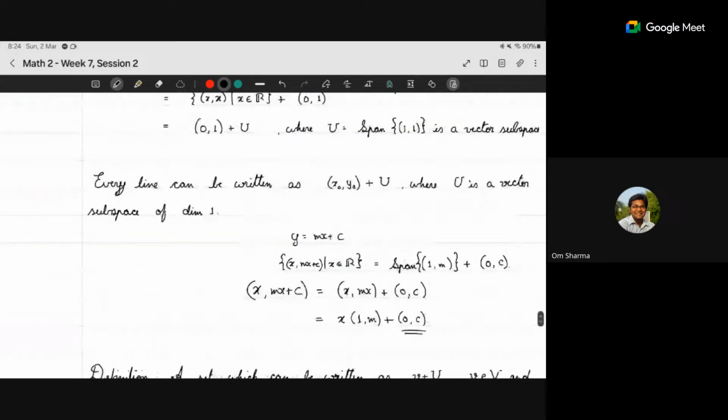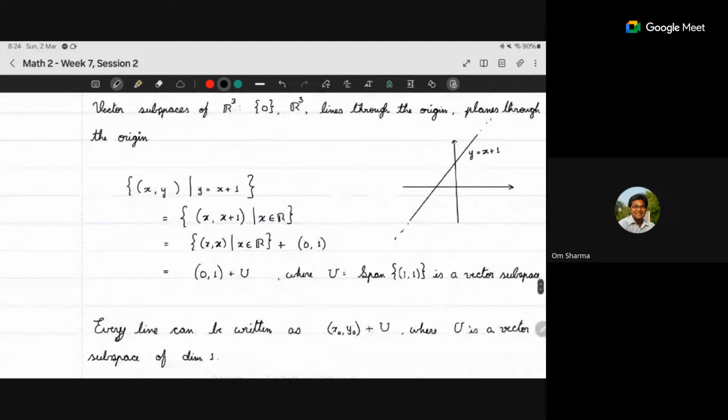If I take a linear subspace and translate it, so I used (0, c), right? If I use (0, 1) over here, or in general just (0, c), I'll see that this line... What happens if I take the line y is equal to x and shift every point by (0, 1), or add (0, 1) to it?